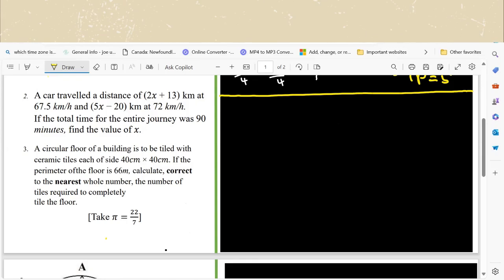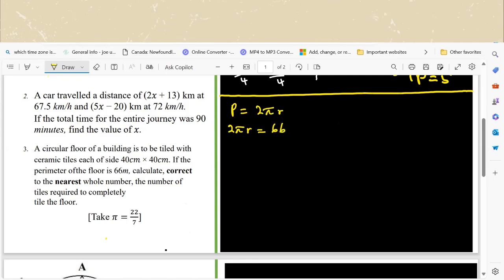So now the floor is circular. We are told here that the perimeter is 66. So the perimeter of a circular floor, P, is 2 pi r. So we say 2 pi r is 66.